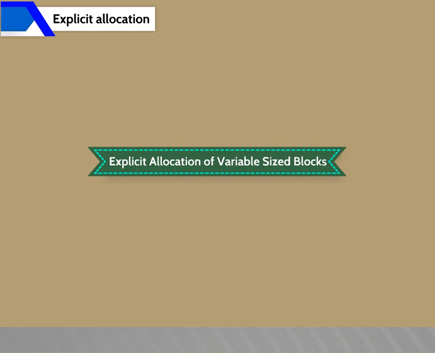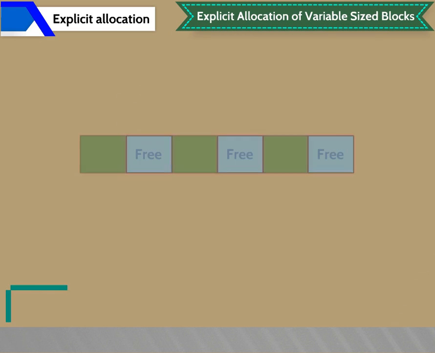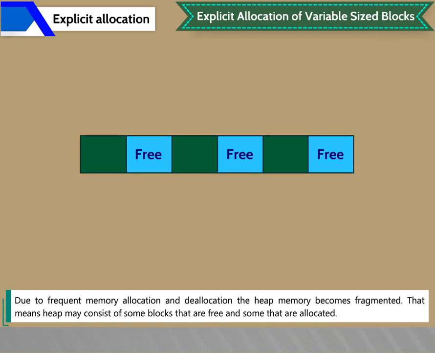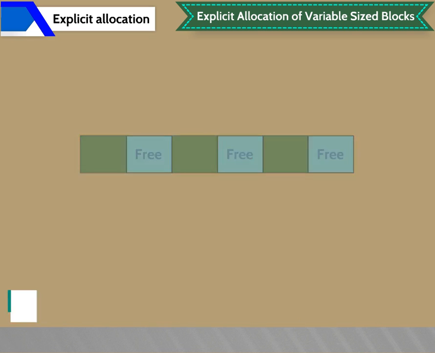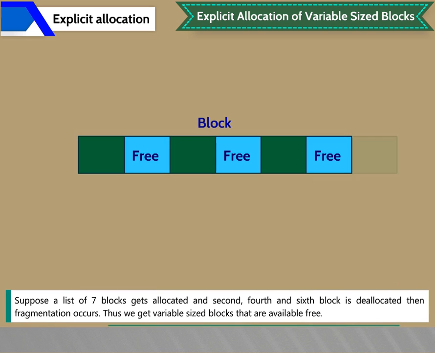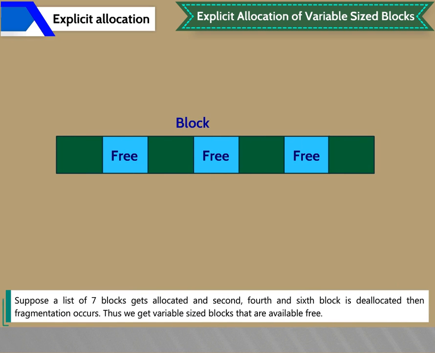Explicit allocation of variable-sized blocks. Due to frequent memory allocation and deallocation, the heap memory becomes fragmented. That means the heap may consist of some blocks that are free and some that are allocated. Suppose a list of 7 blocks gets allocated and the second, fourth and sixth blocks are deallocated, then fragmentation occurs.